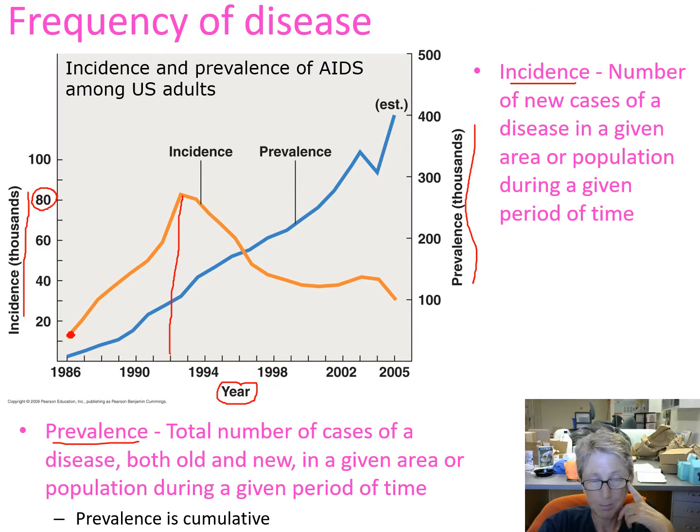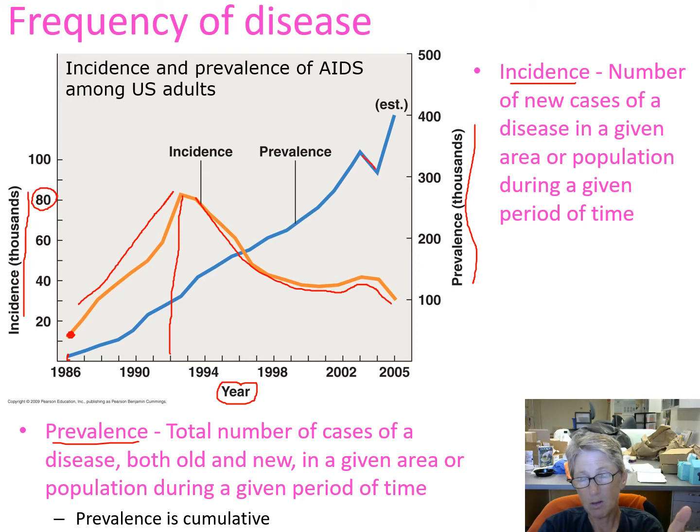period of time. So you can see that the incidence, that's the number of new cases, rose from the 1980s to the 1990s, and then it went down. It spiked a little here and went down. The prevalence, that's the total number of cases both old and new, since 1986 has been steadily climbing.